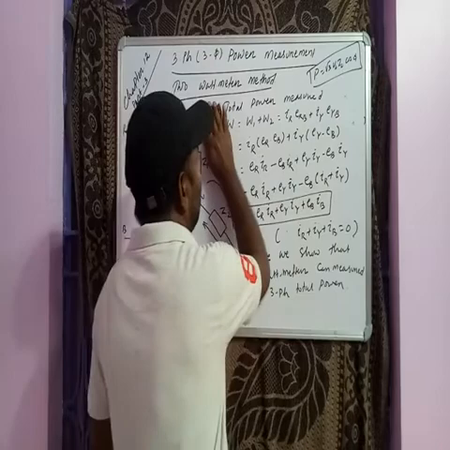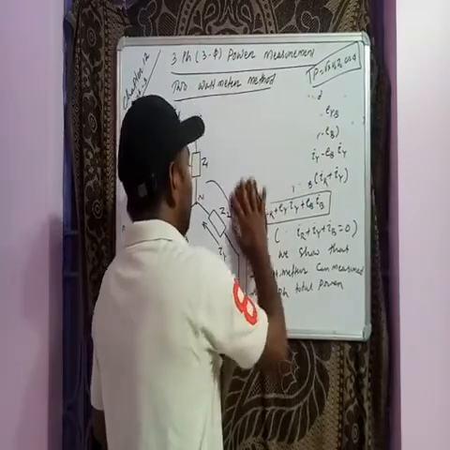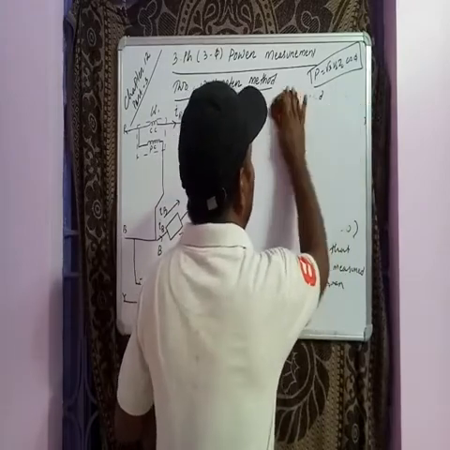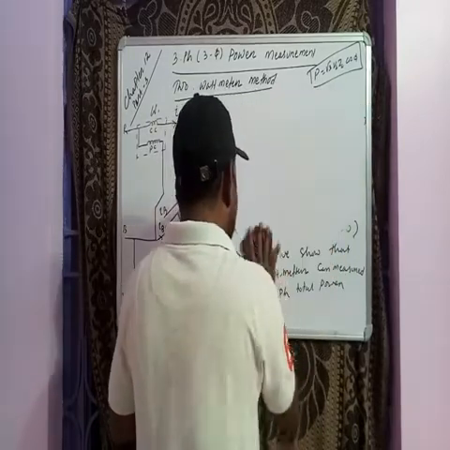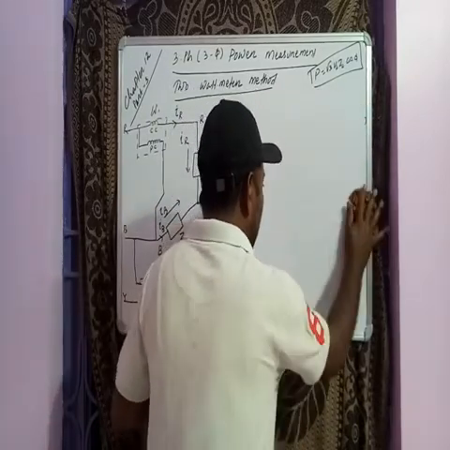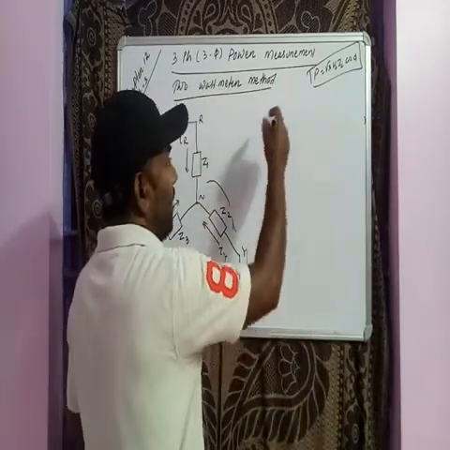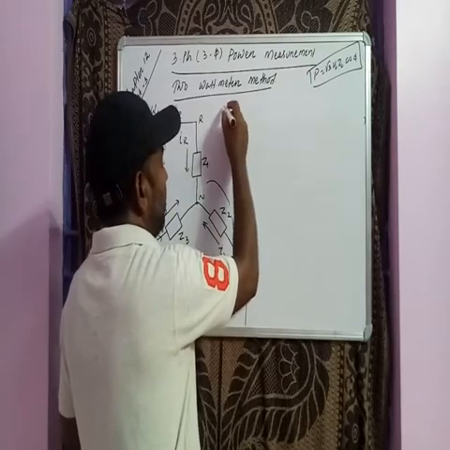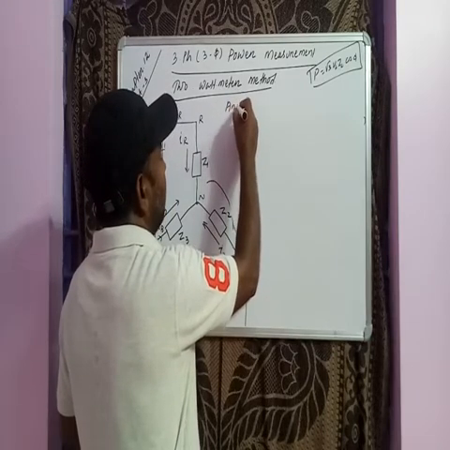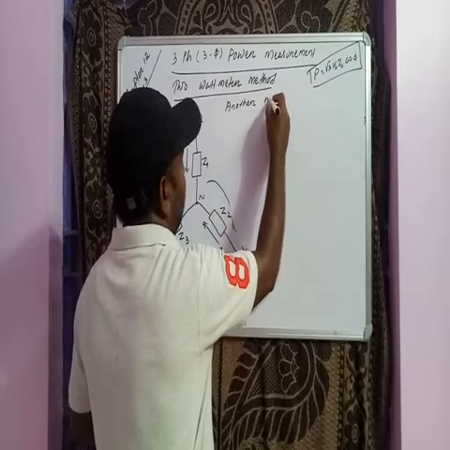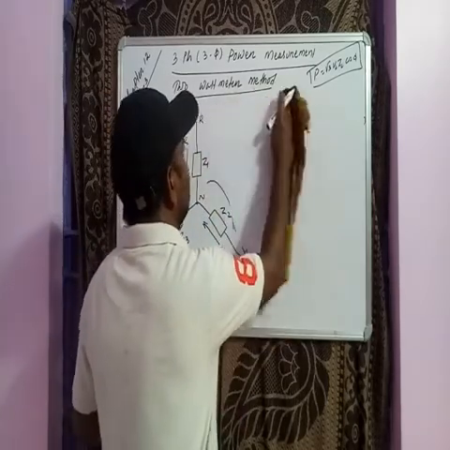So now come to the second way. So as we know, our total three-phase power is root 3 VL IL cos phi or cos theta. So we have to prove that. So another way, or alternative method.